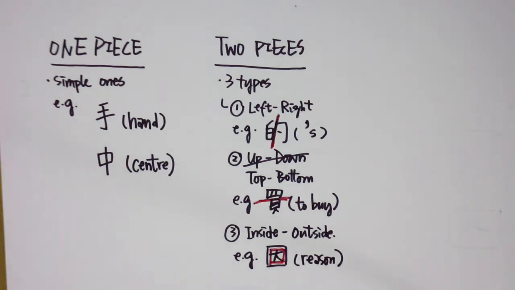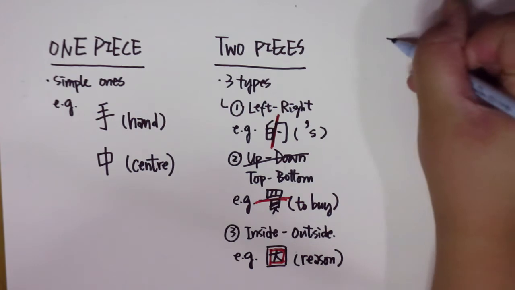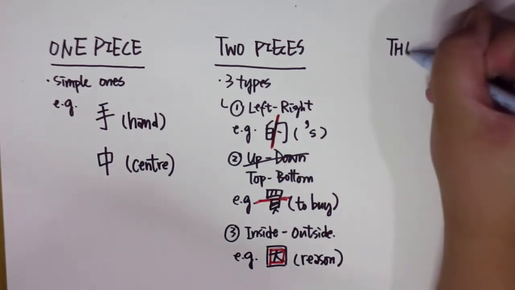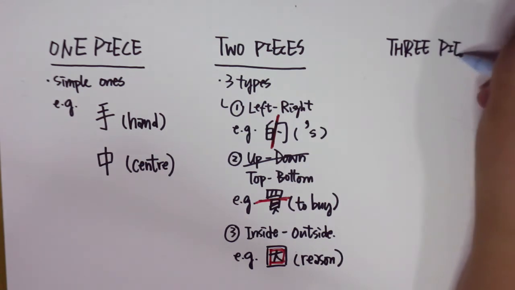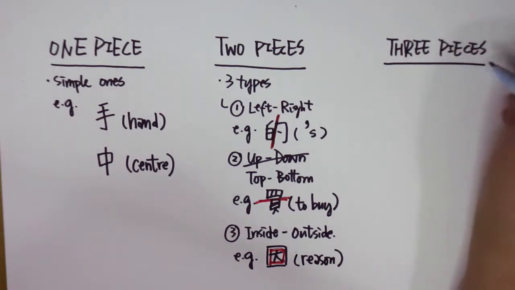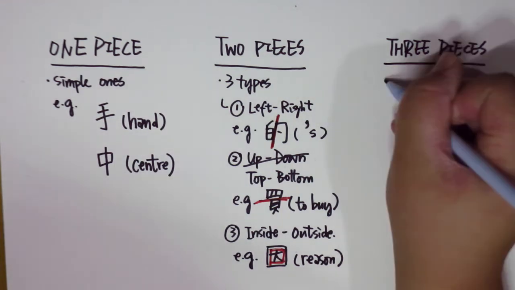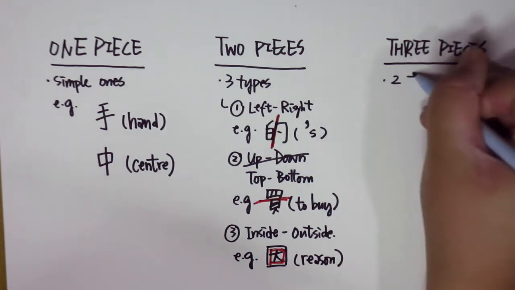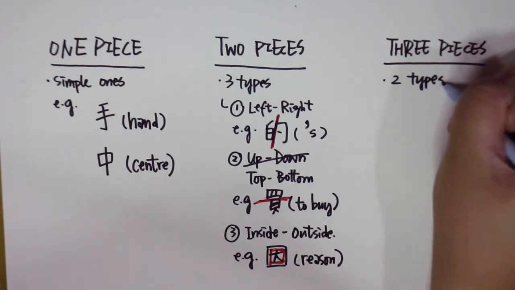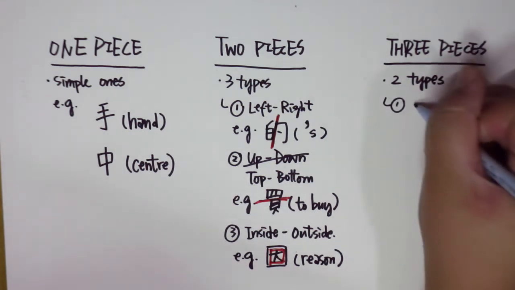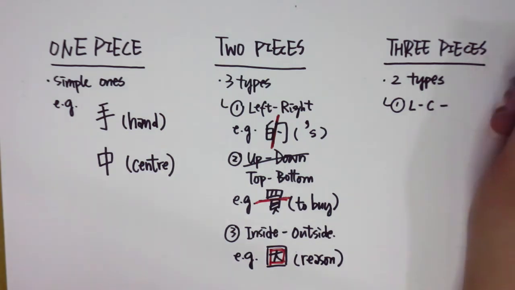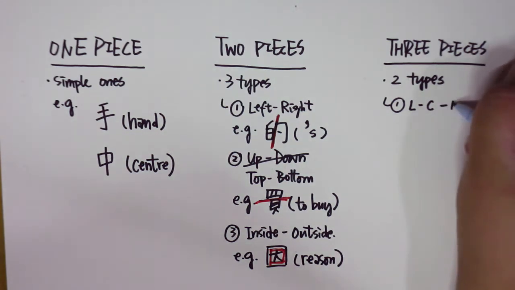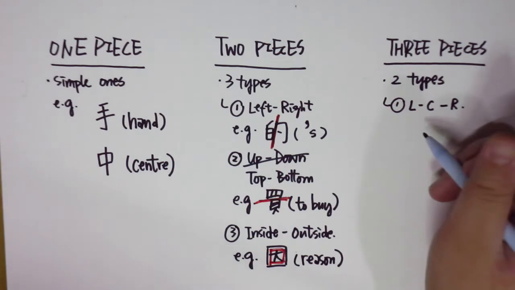So for the third type, which is the 3 pieces type, yep, I can't write fast. There are 2 types for this then. And the first one is left, center, right type.